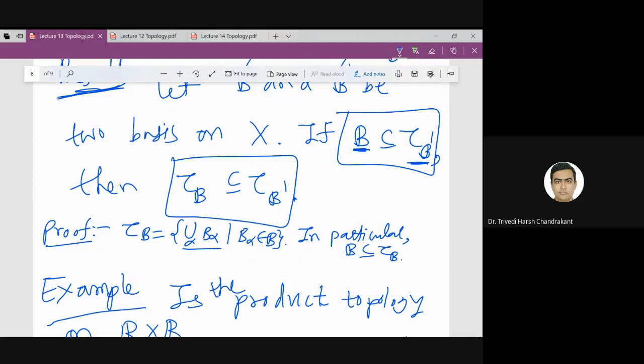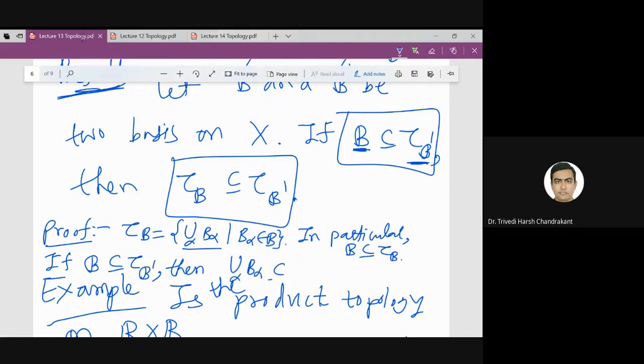So if I know that this B is contained in tau B dash, then what can I say about the union over alpha of B alpha?